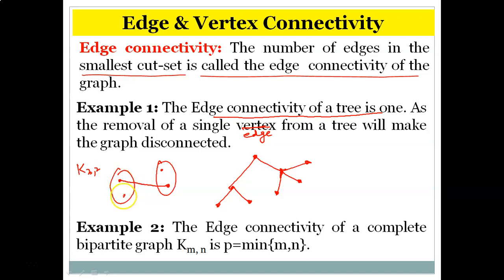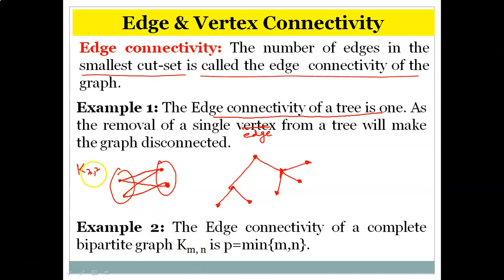Every vertex here will be connected to every vertex in the second set. Similarly, every vertex in the second set is connected to every vertex in this set also. So now it is a complete bipartite graph. Now the edge connectivity is the minimum of M and N.